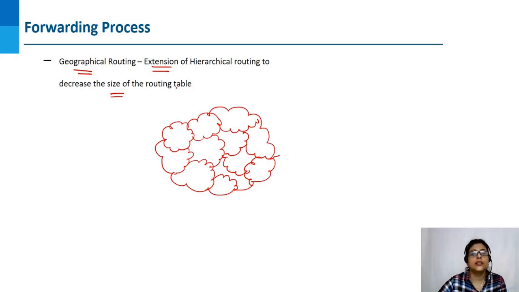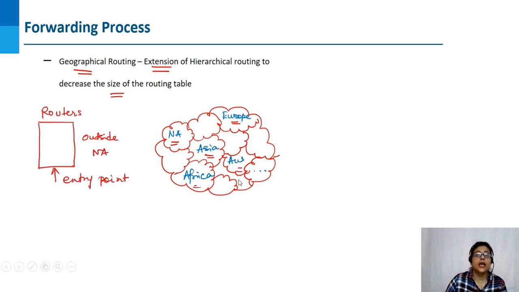Here you see the entire internet service providers of the world are divided into several blocks. Now each block is allocated, let's say, to a particular continent. Let's say we have North America, Europe, Asia, Africa, Australia, and so on.